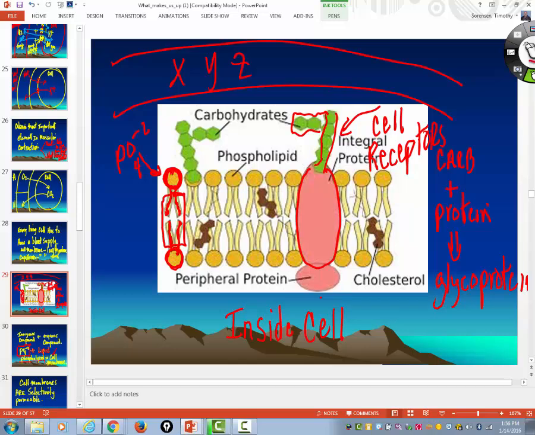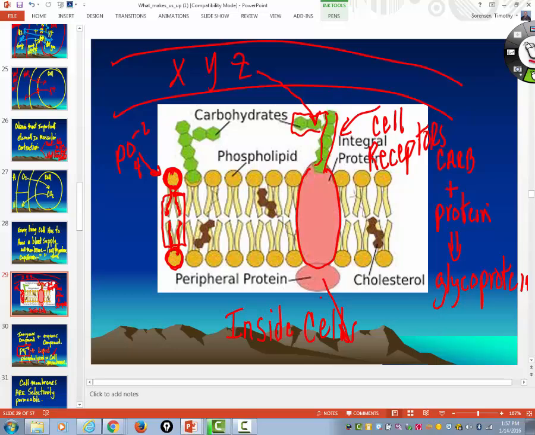Let's say that chemical Z binds to this specific receptor. When it binds to that receptor, this receptor then tells the cell to do something. Who cares what it is right now? Just understand that these receptors are important because they allow chemicals from the blood to influence what that cell is going to do.